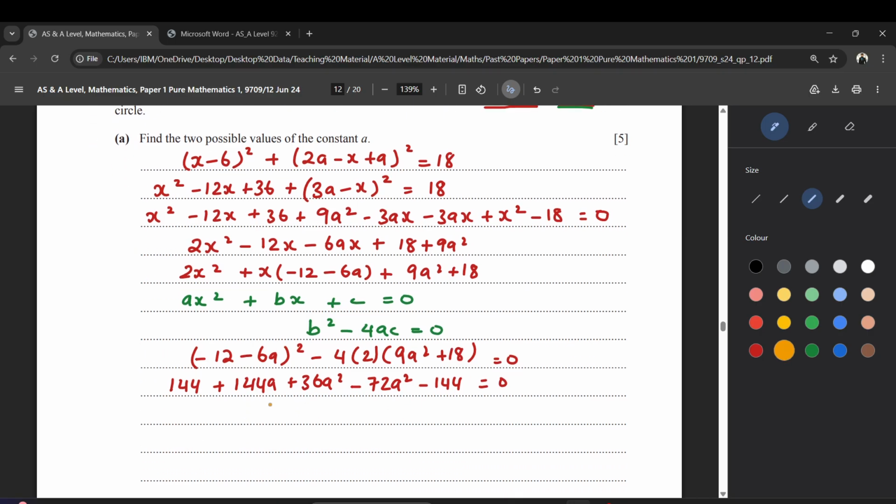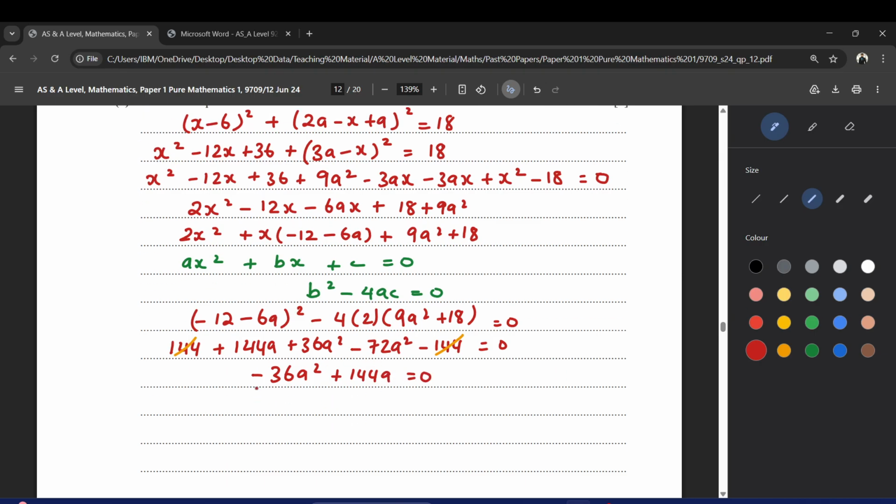Okay, so from here we can see that this 144 and this minus 144, they are cancelled. Then we have 36a square minus 72a square, so that would be minus 36a square plus 144a equals to 0. We can shift both of them to the right hand side, so this becomes positive, this becomes negative.